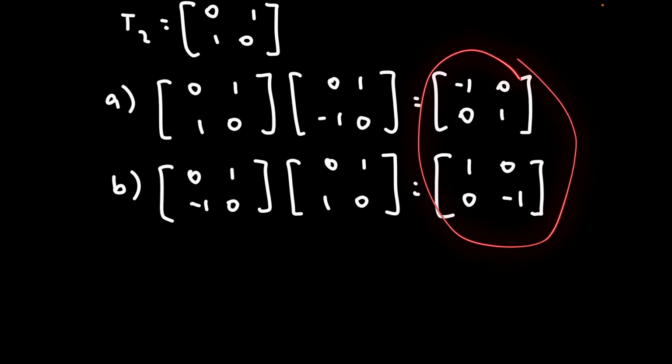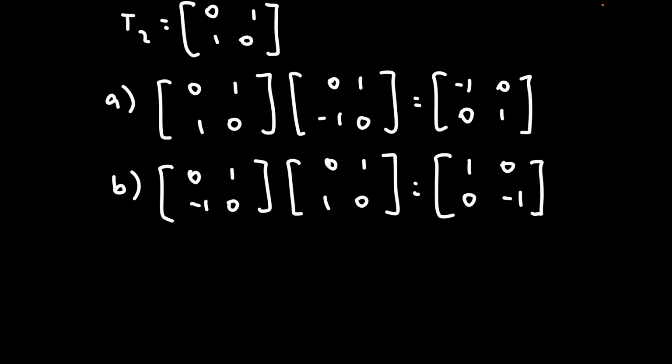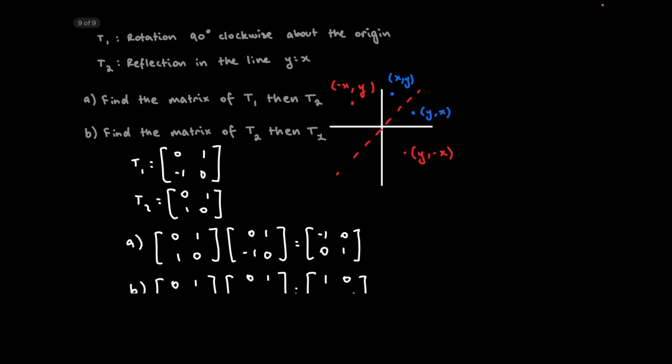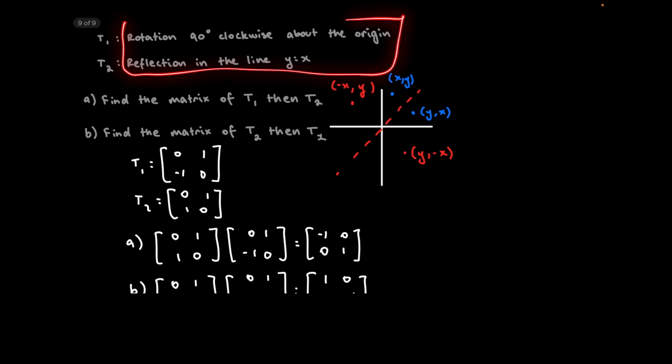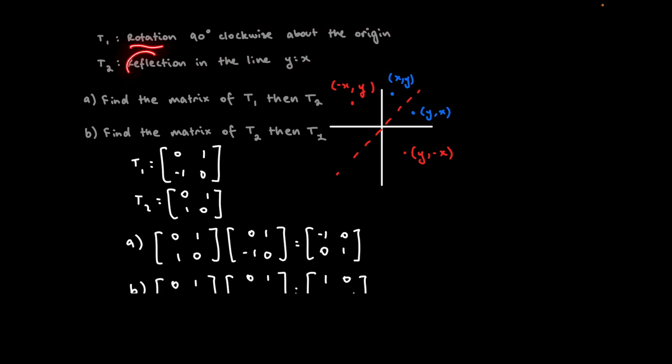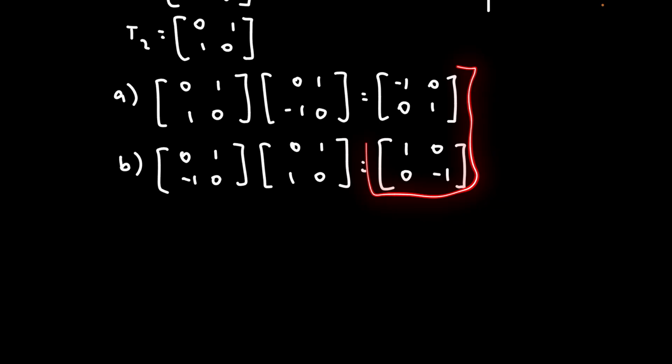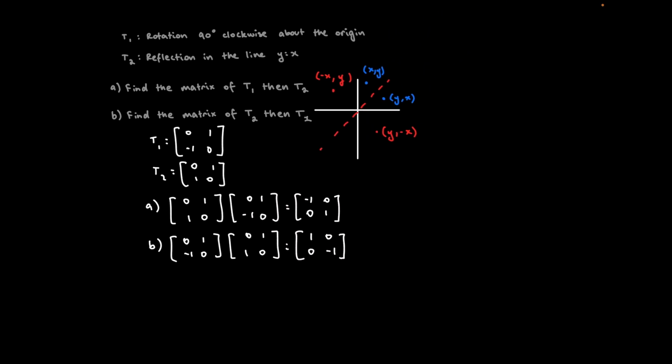So you notice that we get a different transformation matrix in this example depending on the order we multiply them. And that would make sense in our example here. A rotation then a reflection would skew the results of my transformation even if I just look at it on a graph like this. So that's why sometimes the order matters, but sometimes the order doesn't, just based on the transformation. And this is how transformation matrices work.